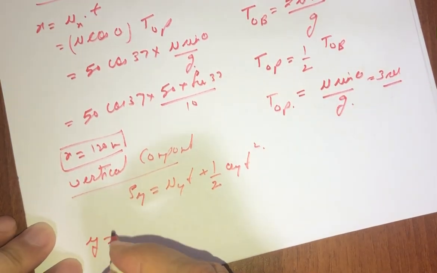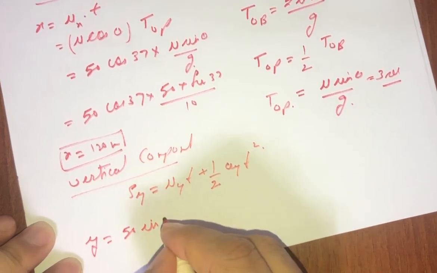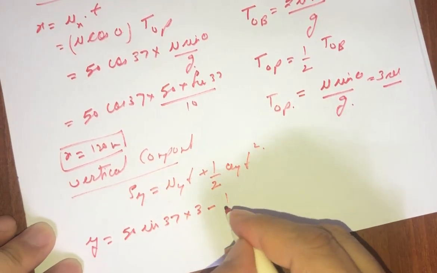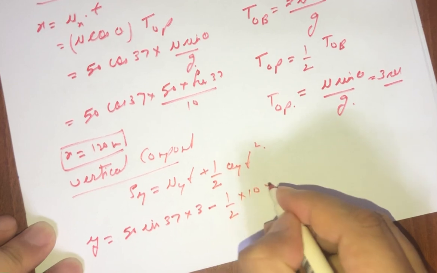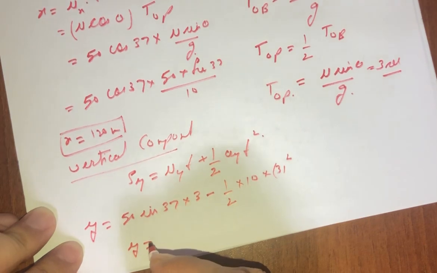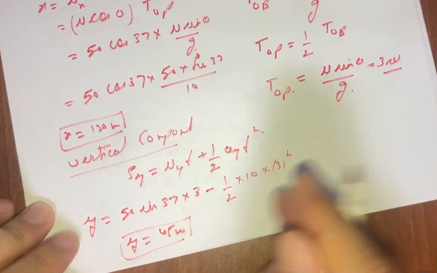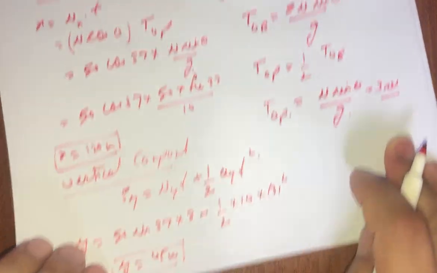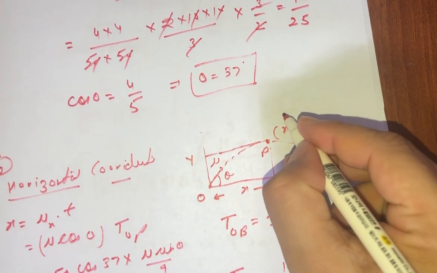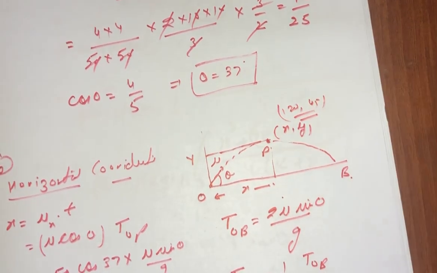So y is equal to 50 sine 37 into 3 minus half g, where g is 10, times 3 square. Solving this, we are going to get y is equal to 45 meters. So the initial coordinate of the bob is given as 120 and 45. Thank you.